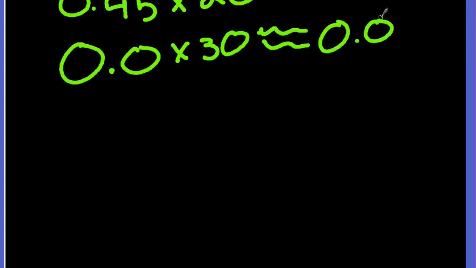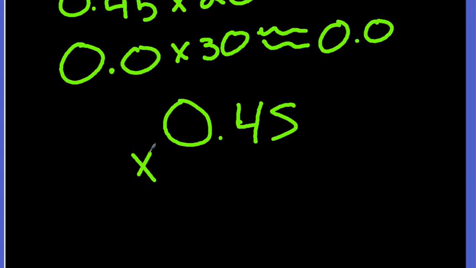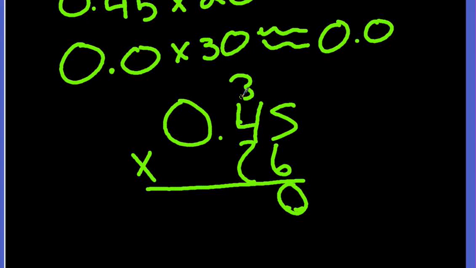And the standard algorithm would be so 6 times 5 is 30, so you carry the 3 and then the 0. 4 times 6 is 24, plus 3 is 27, carry the 2 over. 0 times 6 is 0, plus 2 is 2.